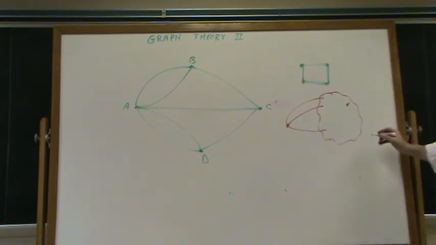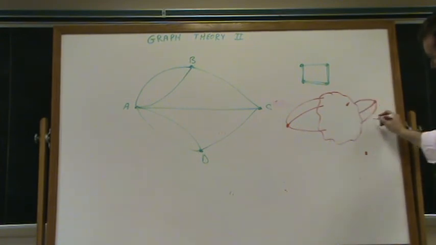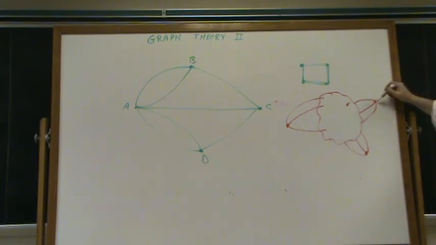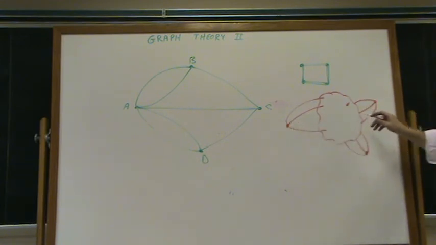What if a graph had 3 points that were odd? 1, 2, 3, 1, 2, 3, and 1, 2, 3. Well, if we start here, we have to end somewhere else. And if we started here, we have to end somewhere else.